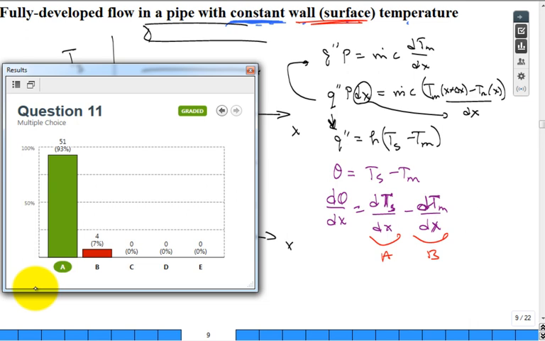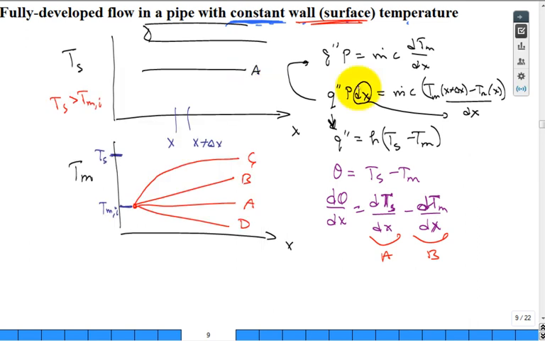The rate of change of something constant with respect to distance. All right. So the reason I point that out is sometimes we lose sight why that negative sign shows up. And that's why it shows up, because of the definition of theta. It's a constant temperature minus that mean fluid temperature, which is changing. So that when you bring it down here, you have dTm dx is equal to minus, hey, where'd that minus sign come up?